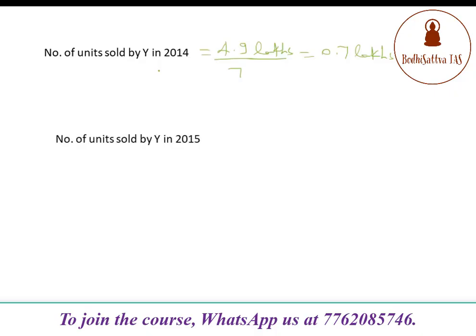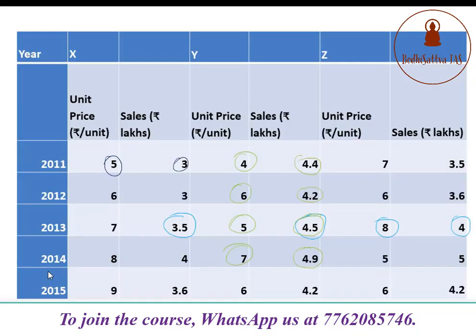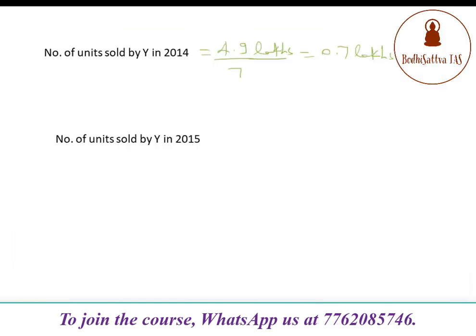Similarly, number of units sold by Y in 2015. If you see the table, total sales was 4.2 lakhs and unit price was rupees 6. So if we simplify, we will get 0.7 lakhs.